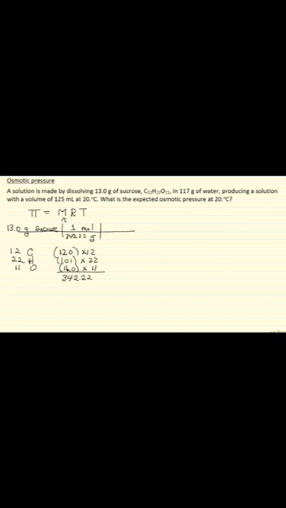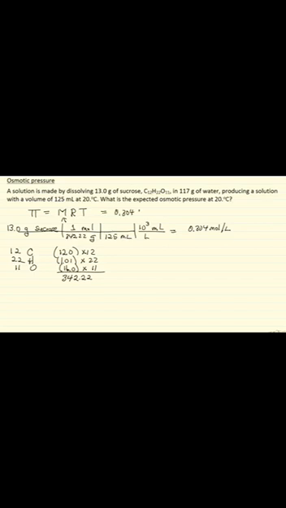And now we have 125 ml. Doing unit conversion, 10 to the power 3 ml is equal to 1 liter. Computing this, you are going to get 0.304 mole per liter.